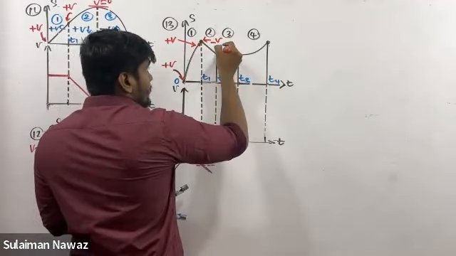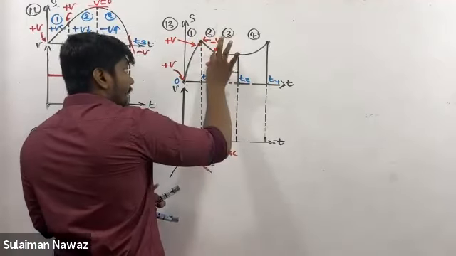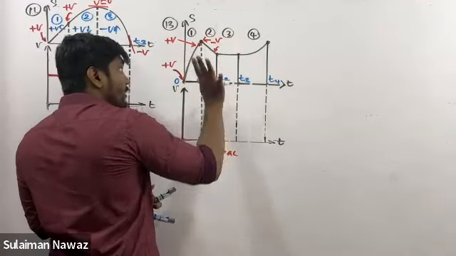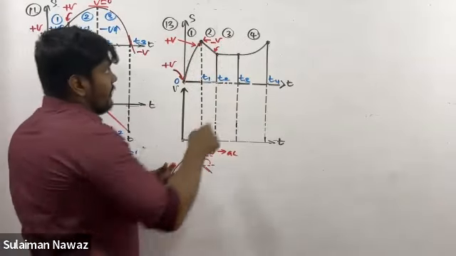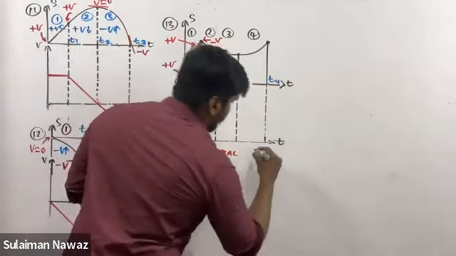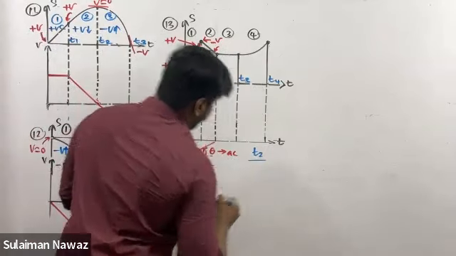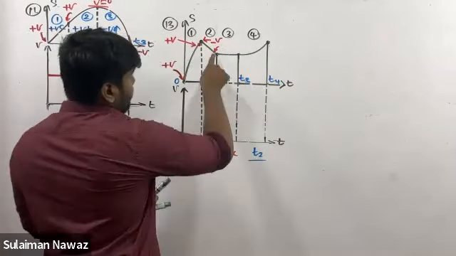This point is also the second graph's last point. This understanding you should have, okay? When the time is t2, this point.